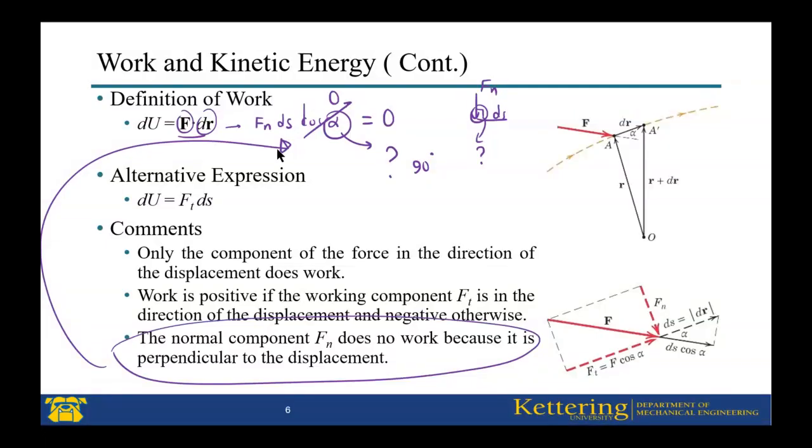Whatever you learned before, I used one expression to show you that, for example, if Ft is along the displacement, it is doing work, and if it's perpendicular to the displacement, it does no work, from this equation. Any questions? No?